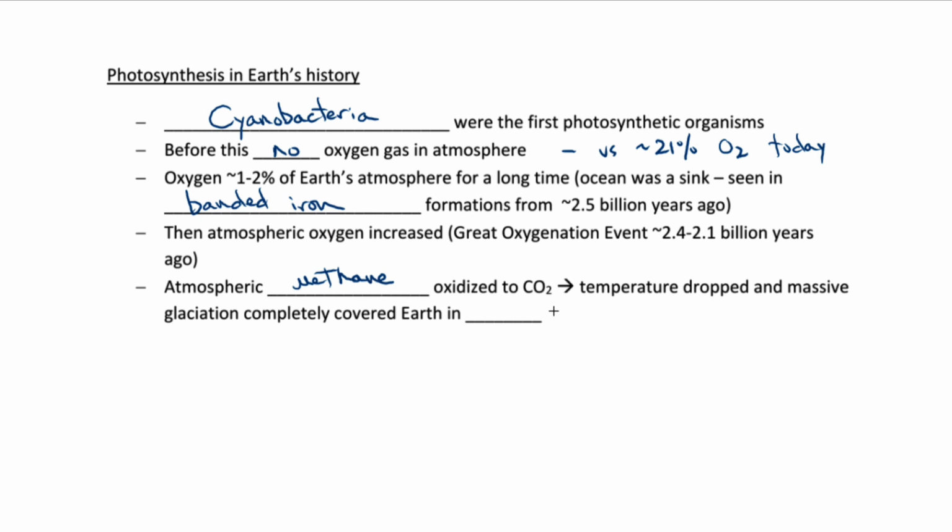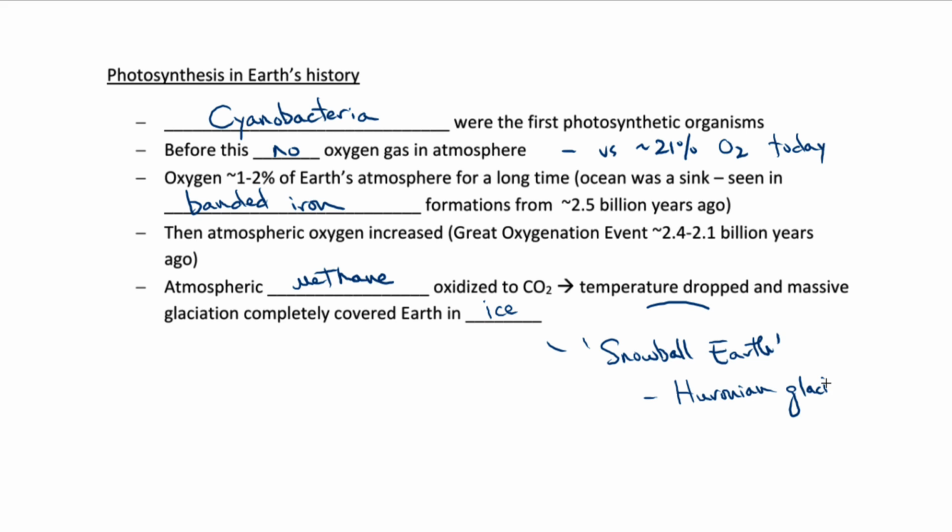Now, both methane and carbon dioxide are greenhouse gases, so they trap long wave radiation and warm the Earth, but methane is a much more potent greenhouse gas, and so the conversion of methane to carbon dioxide decreased the greenhouse effect, the temperature dropped, and in fact a massive glaciation completely covered the Earth in ice. This is sometimes called the snowball Earth, and also more formally known as the Huronian glaciation.